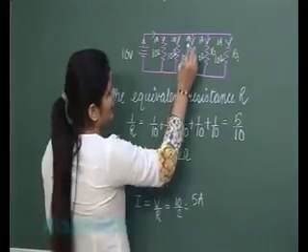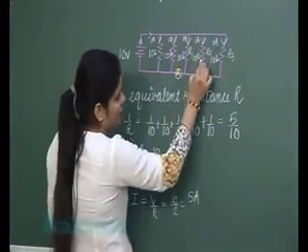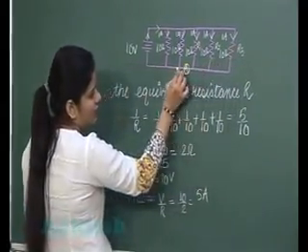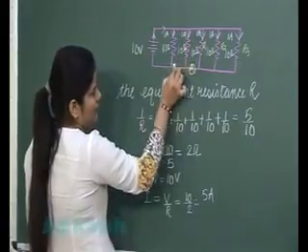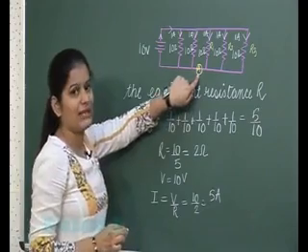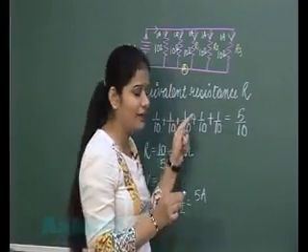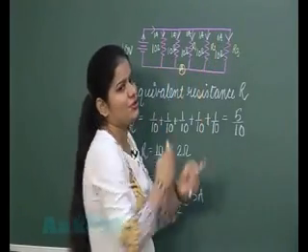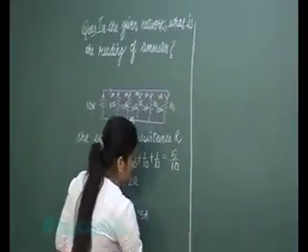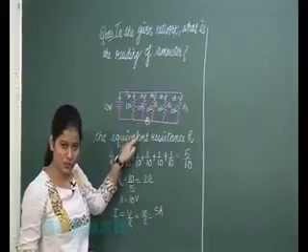This current of 1 ampere will pass through the ammeter, and these other currents of 1 ampere will not pass through the ammeter. So the reading of ammeter will be 1 plus 1 plus 1 is 3 ampere.